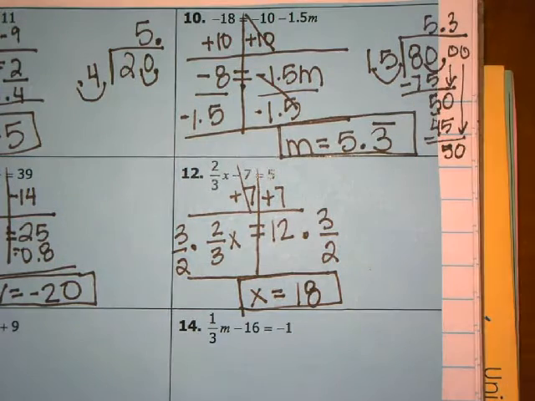Nicely done. So remember, you're going to divide by 2/3, but dividing by 2/3 is the same thing as multiplying by the reciprocal, so you can skip that whole division step. So multiplying by 3/2, your answer is x equals 18.